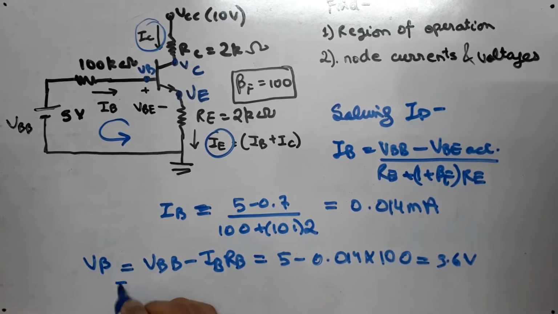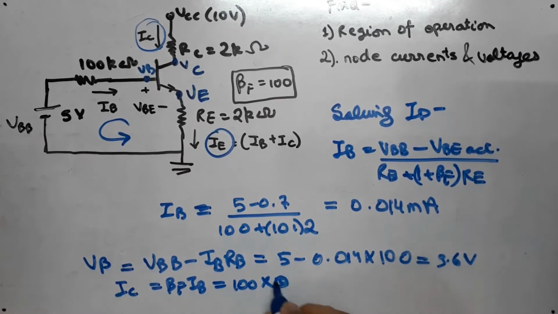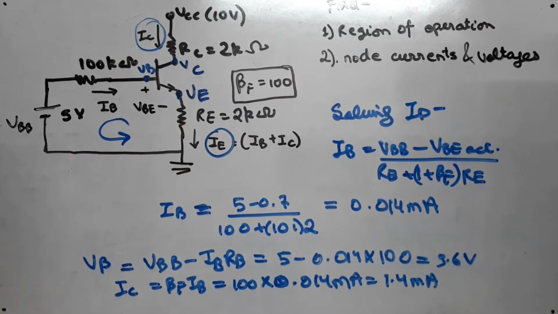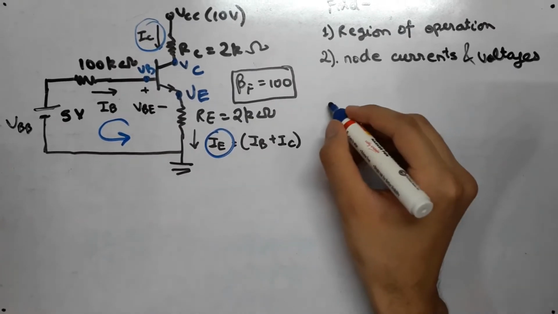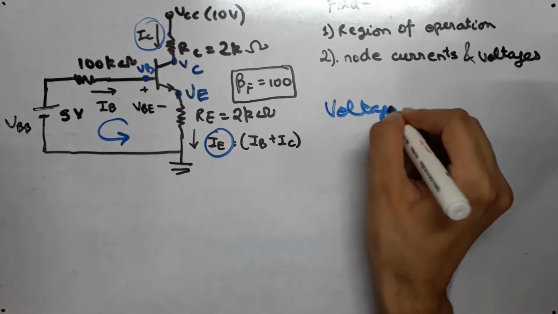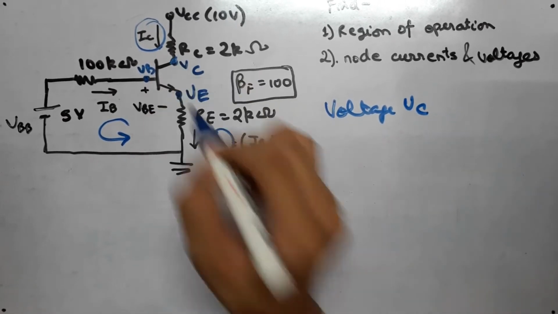Now similarly we will get the value of IC. IC is equal to beta F into IB, is equal to 100 into 0.014 milliamps, equal to 1.4 milliampere. Now we will find the voltage VC, which is over here.